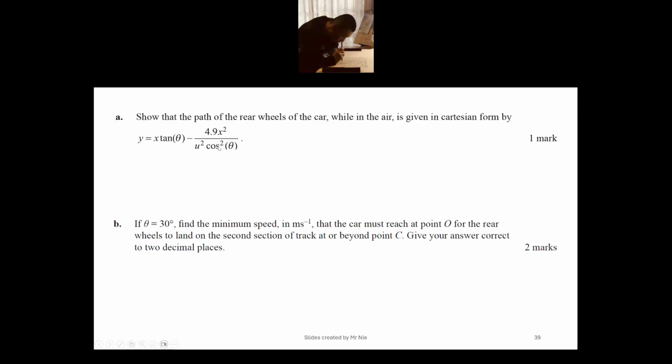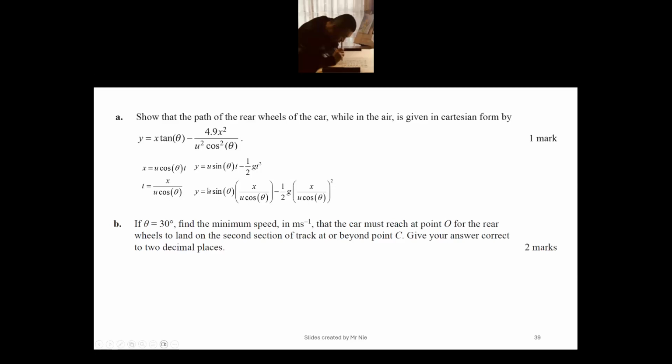So what you do is extract your x and y component from the vector function, which is x = u cosine theta times t, and y = u sine theta times t minus half g t squared. So to show this given result, you have to eliminate the letter t, which means rearranging x, you will get t equals x over u cosine theta, and show a clear substitution into the second equation.